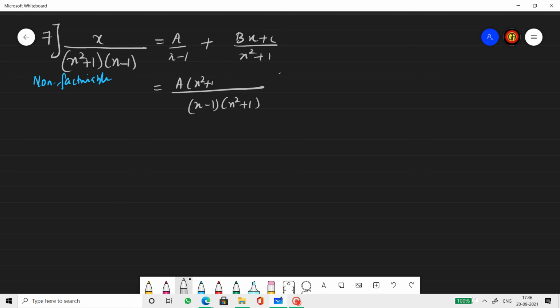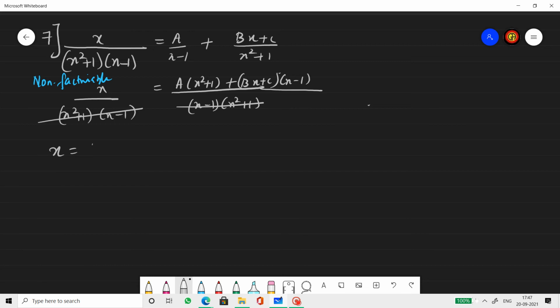So a times (x square plus 1), (bx plus c) into (x minus 1). On the left side it's x by (x square plus 1) into (x minus 1). Denominator will get cancelled.